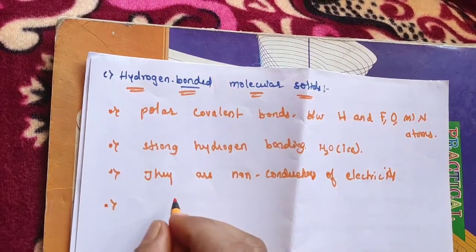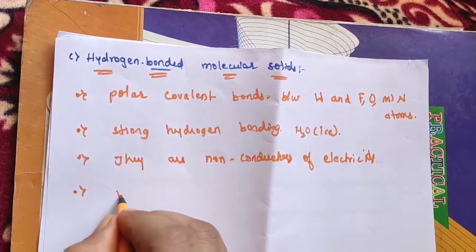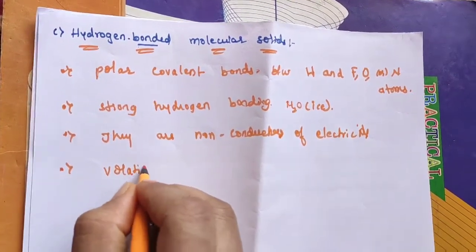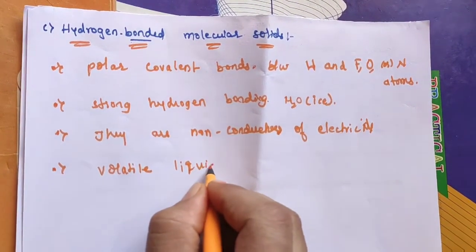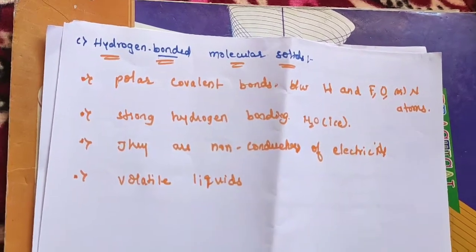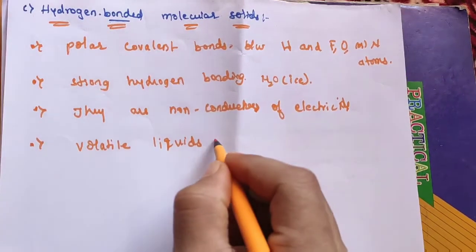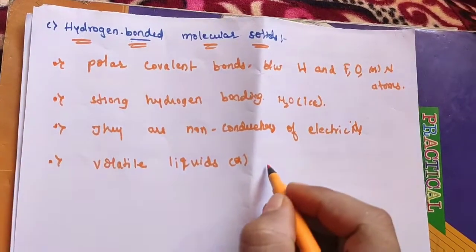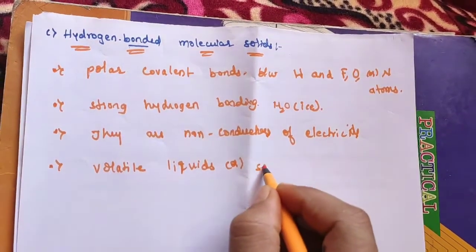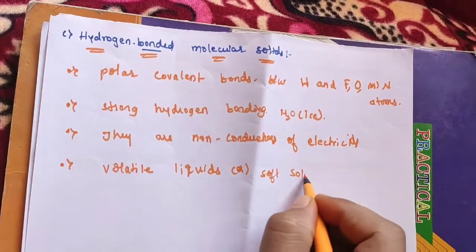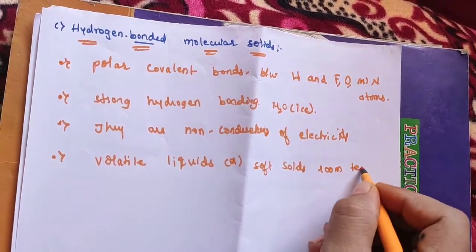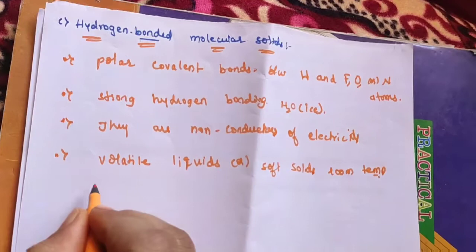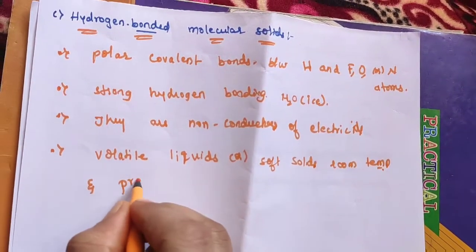Generally they are volatile liquids, or these are known as soft solids under room temperature and pressure.